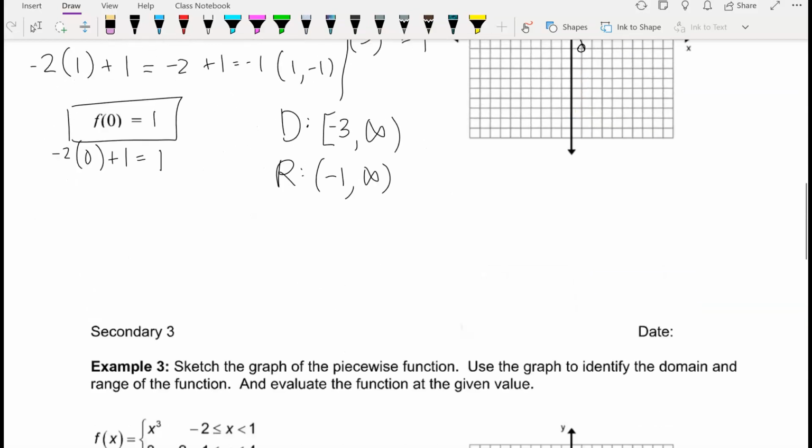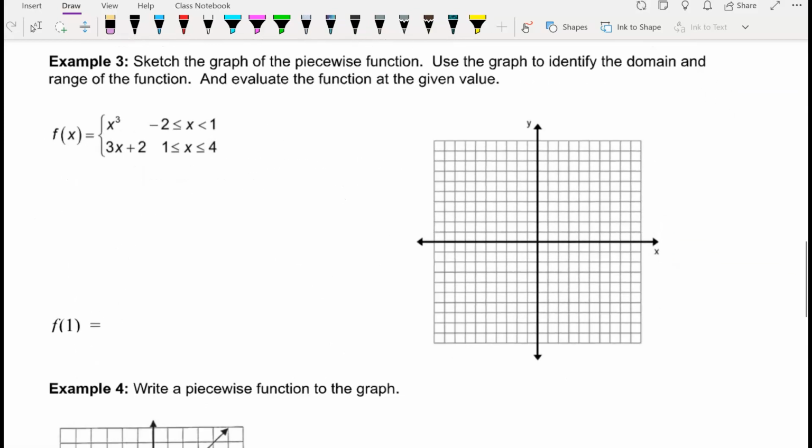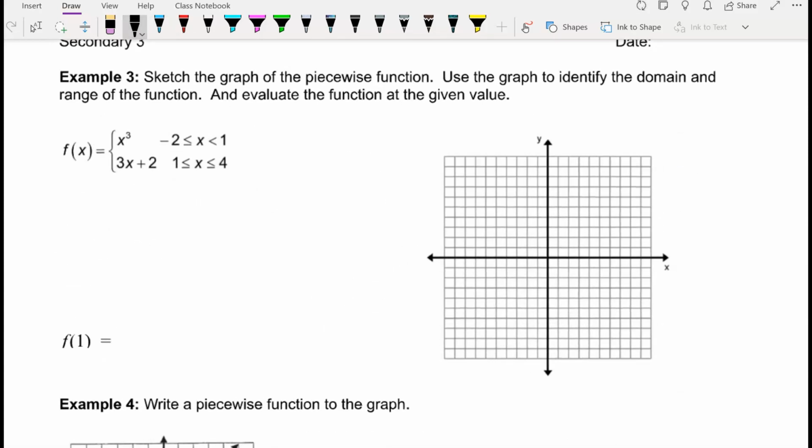All right, let's look at the next one. So we have x to the third from -2 to +1. So in between these lines here.